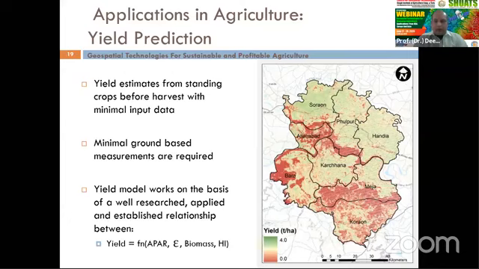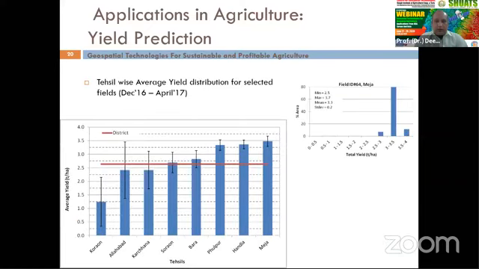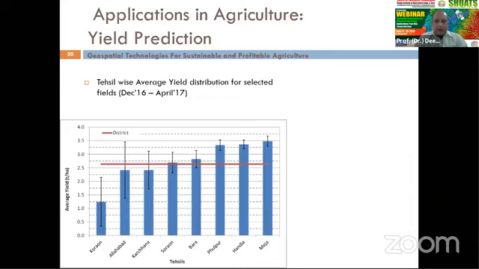So again we use those same field boundaries that we had digitized, the 100 fields. First of all, the average yield data of our subdivisions in Allahabad district.